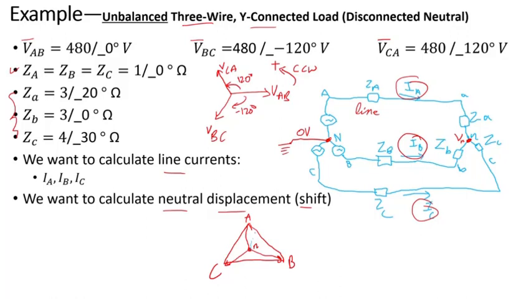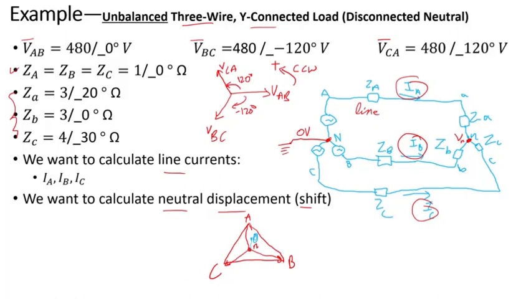So it might shift to this point here. Just so we don't cause any confusion, let's call that O. Now the neutral moved from N, when it was under balanced conditions, to the point O. So the neutral will shift.